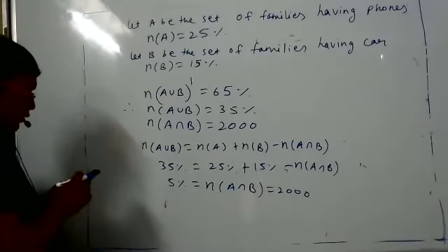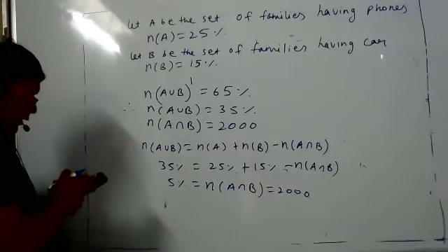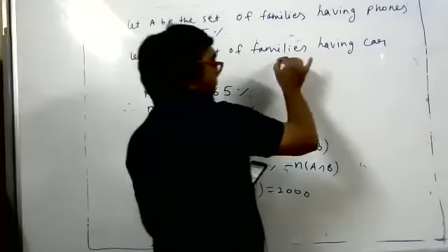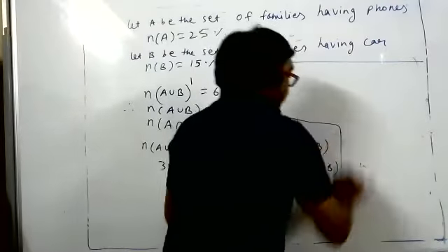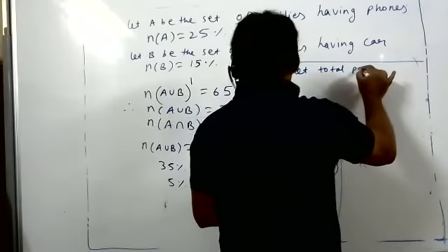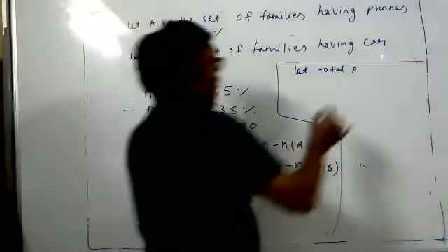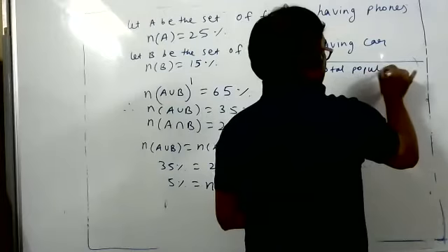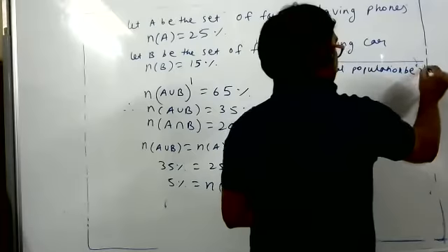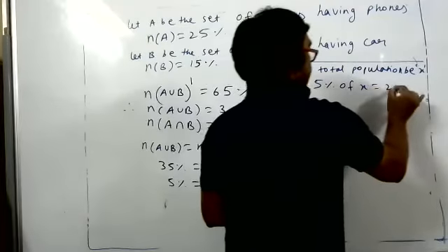Then we can find the total population, right? 5% of X is 2000. 40,000, sir. Very good, excellent. You people are very intelligent. So let the total population be X. Therefore 5% of X is equal to 2000.